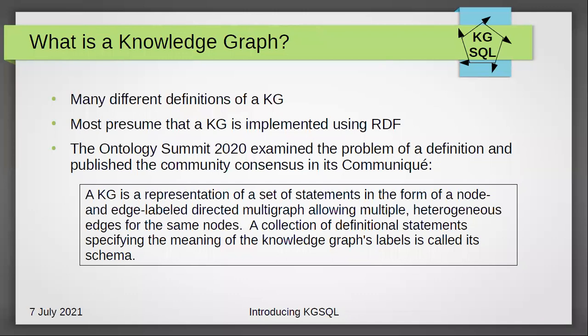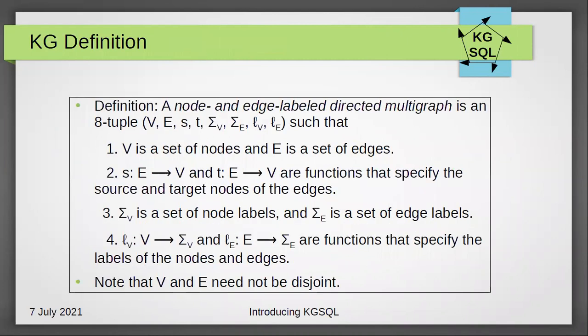So it's a representation of a set of statements in the form of a node and edge labeled directed multigraph, allowing multiple heterogeneous edges for the same nodes. A collection of definitional statements specifying the meaning of the knowledge graph's labels is called its schema. So what is the formal mathematical definition of this directed multigraph? Well, it's given there.